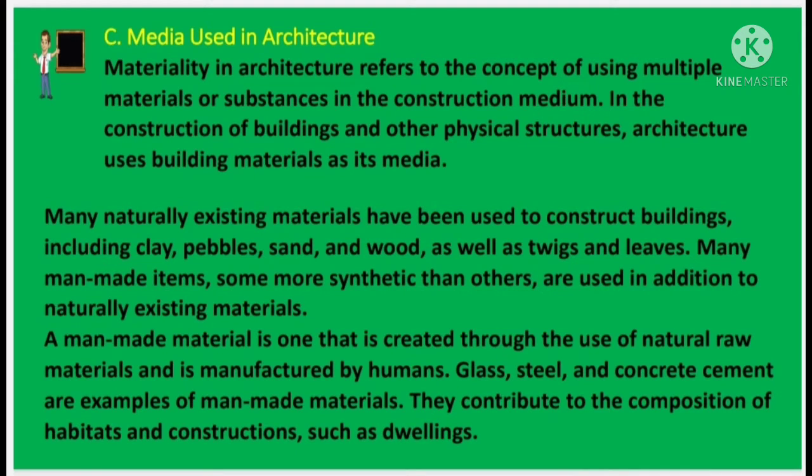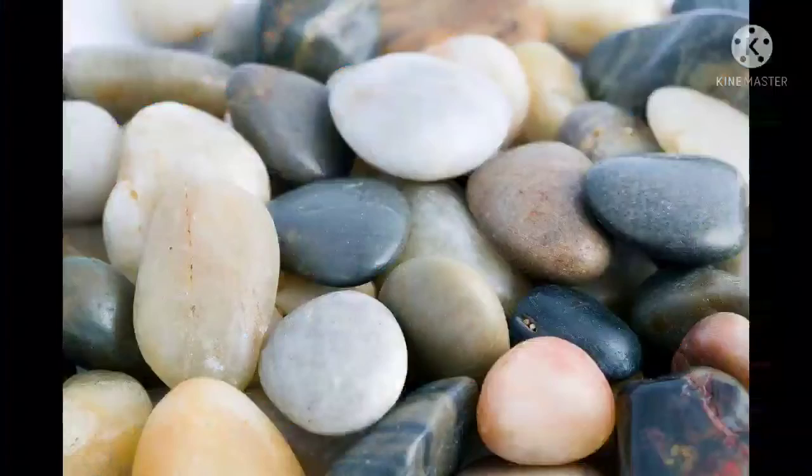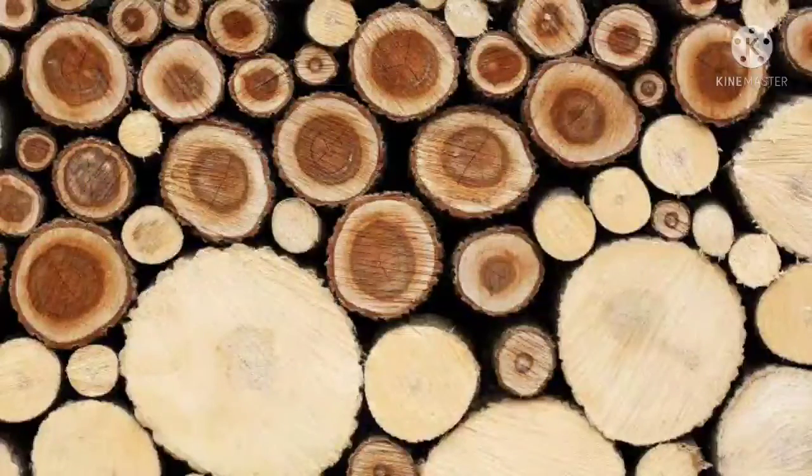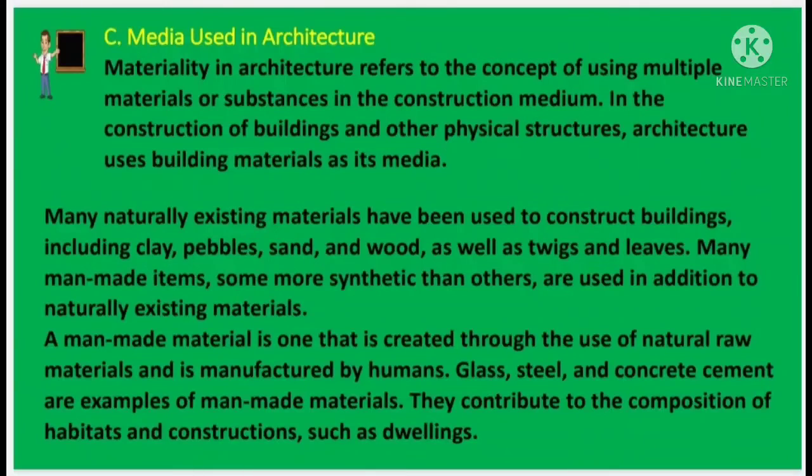Many naturally occurring substances such as clay, rocks, sand, wood, even twigs and leaves have been used to construct buildings. These are what we call naturally occurring substances. Why naturally occurring substances? Because we can find these raw materials in our environment.